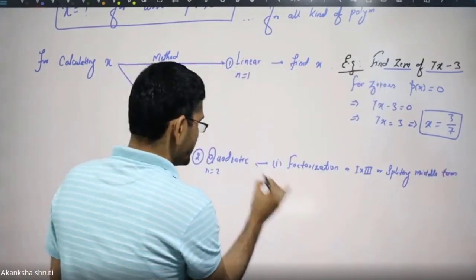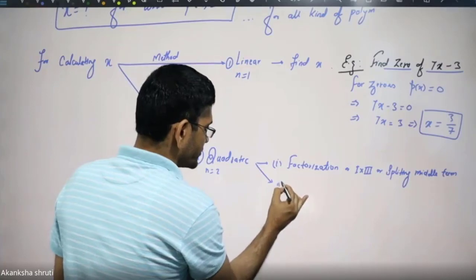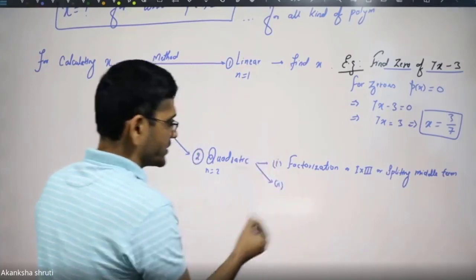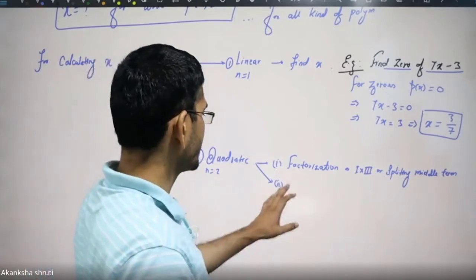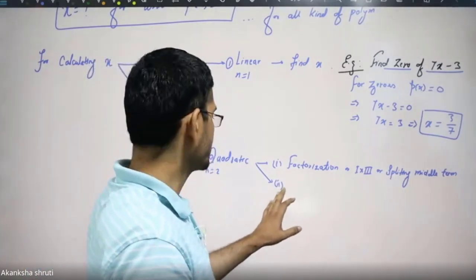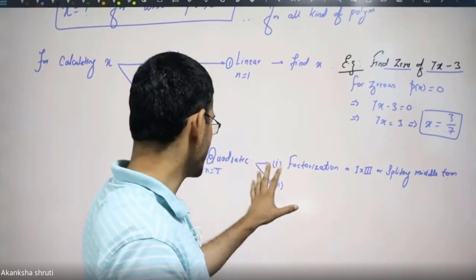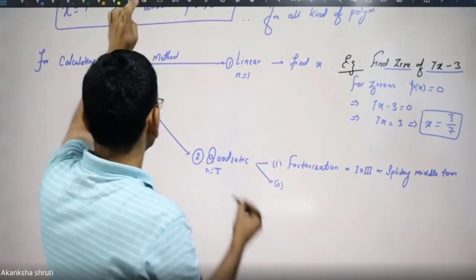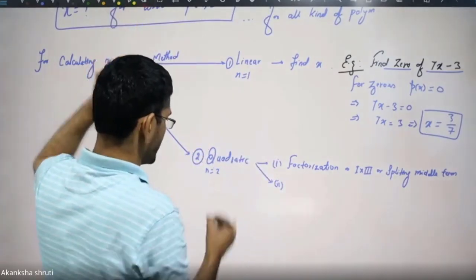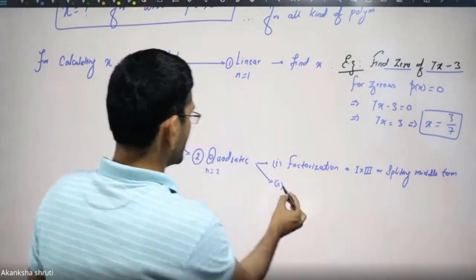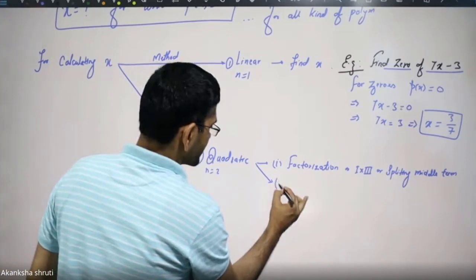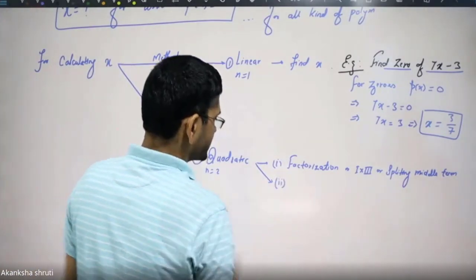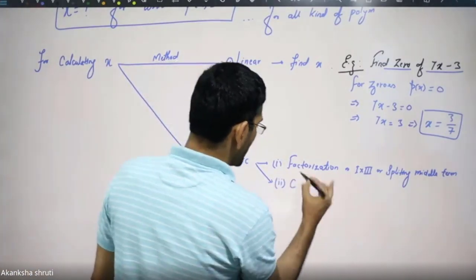The second method, this we will learn in quadratic equations basically. Directly the question is not asked that way, but that is the method which is used in our quadratic equation, and that can also be applied here. The second method is completing the square.